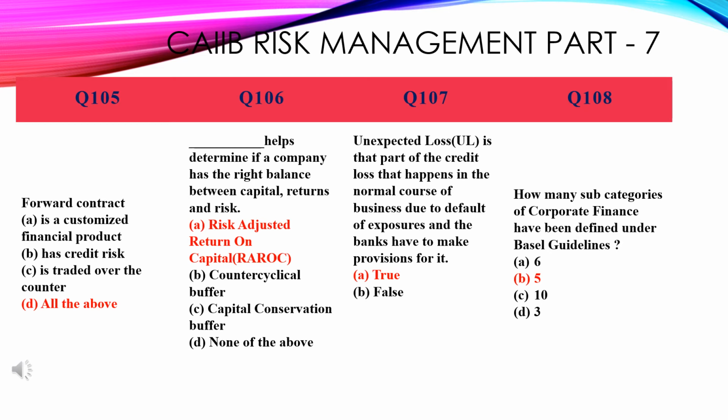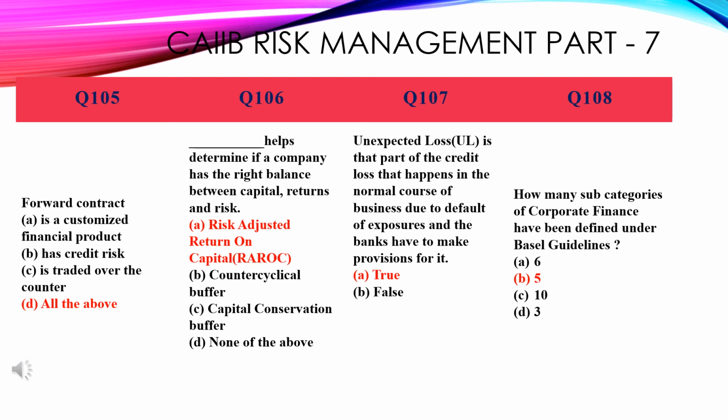To repeat in short: for expected losses, banks provide for them; for unexpected losses, they hold capital.